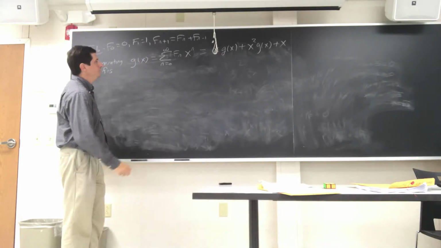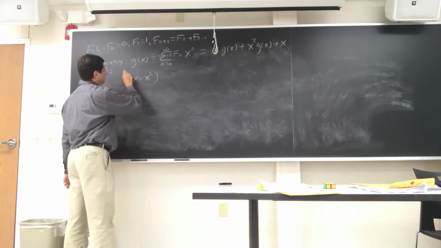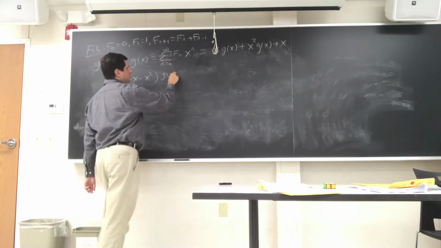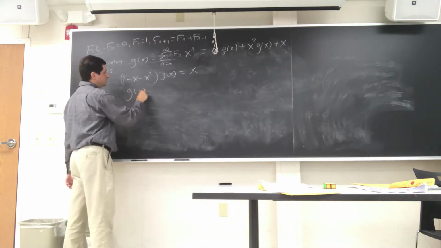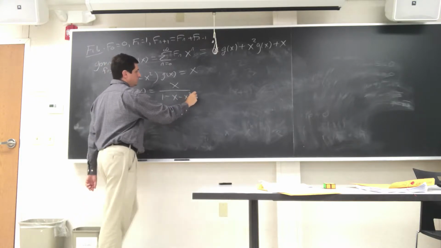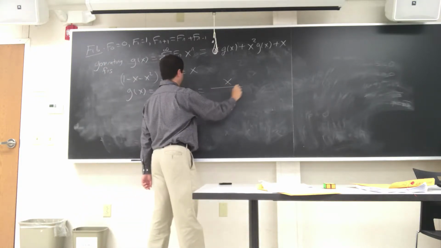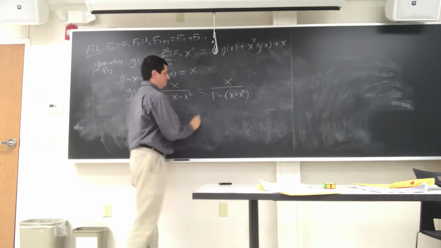So we should solve for g of x. So we get 1 minus x minus x squared times g of x equals x. So we get g of x is x over 1 minus x minus x squared. Or if you want, a very bad way to write it is like this.